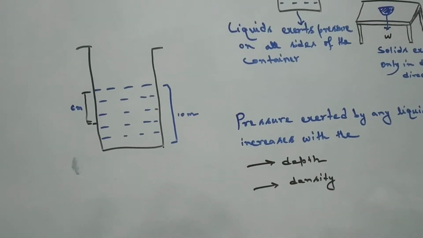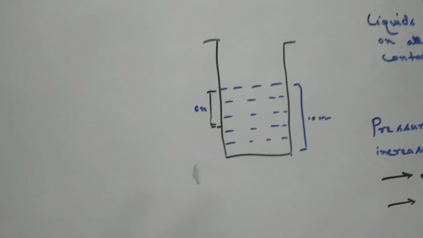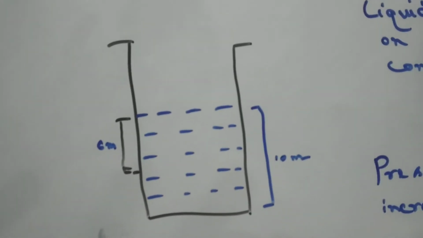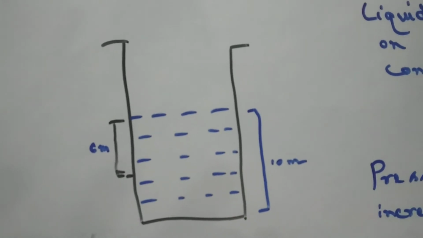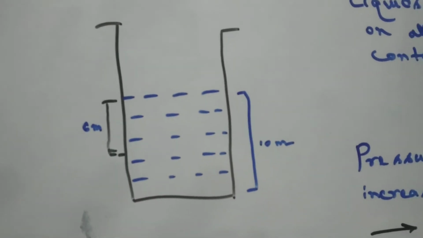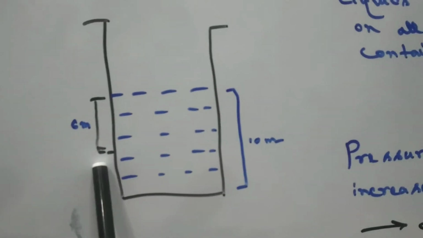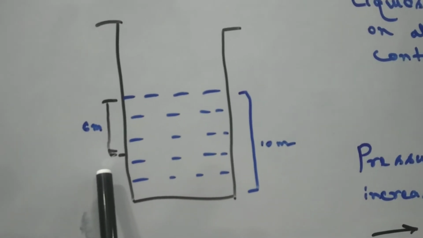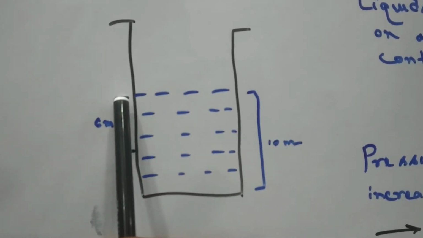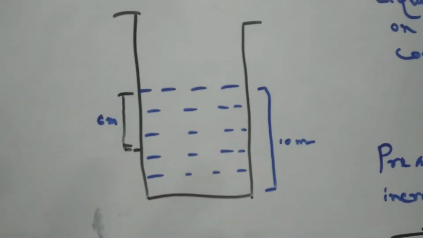Suppose in case of the same liquid, you can see here, the highest level of liquid is 10 meter from the base of the container. Now if you want to measure the pressure at this point, this point is 4 meter above the base. So there is 6 meter height of liquid above that point.